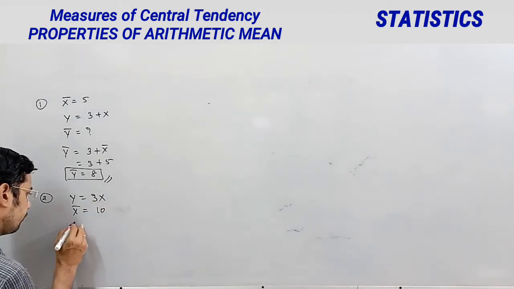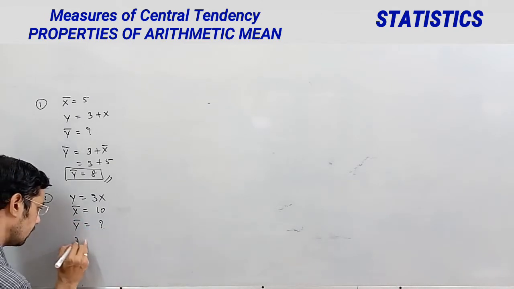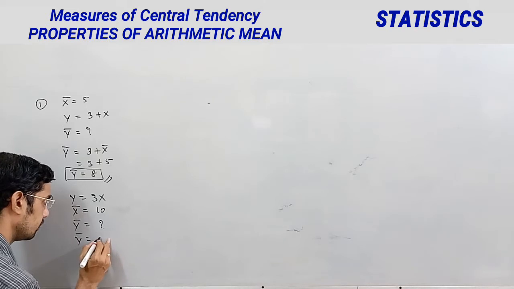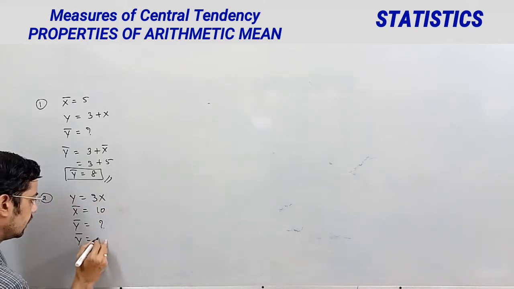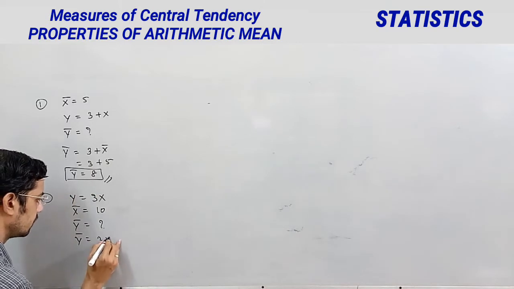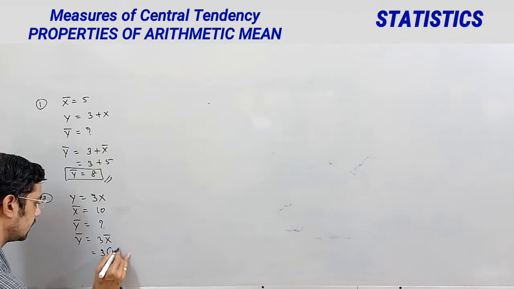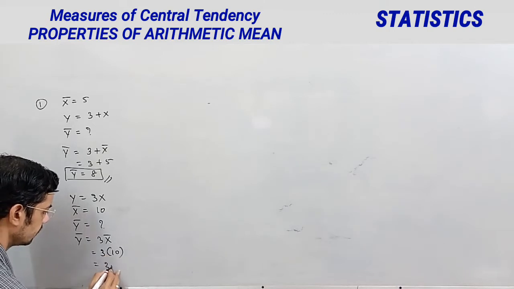Then what is the value of y bar? How to find this? The same formula. This is the relation, just put bars on both the variables. So y bar will be equal to 3 into 10, that is 30.